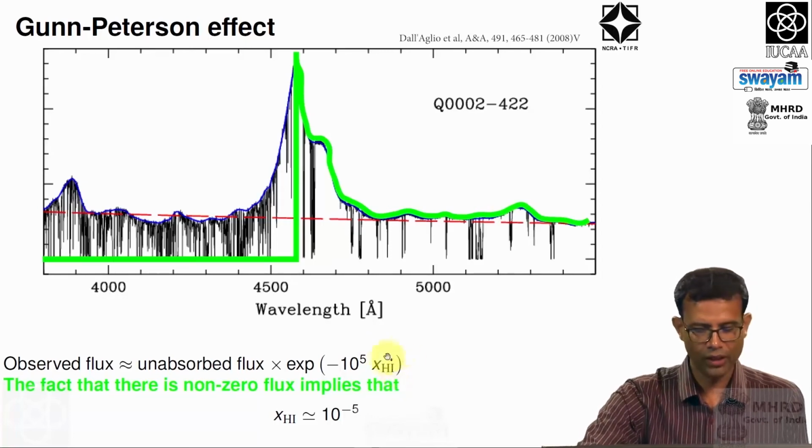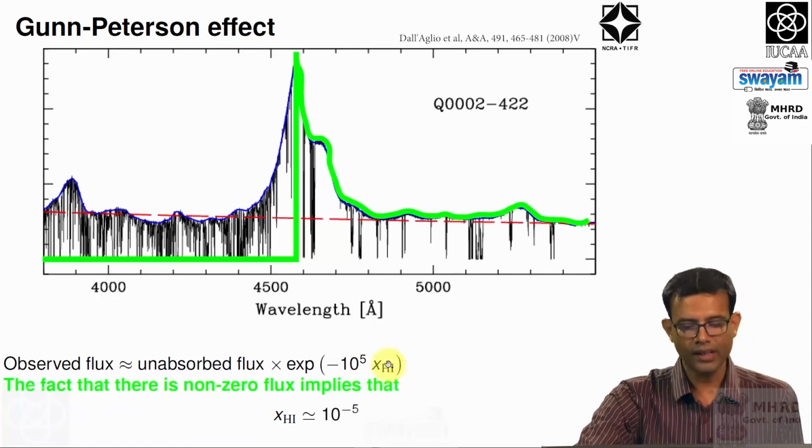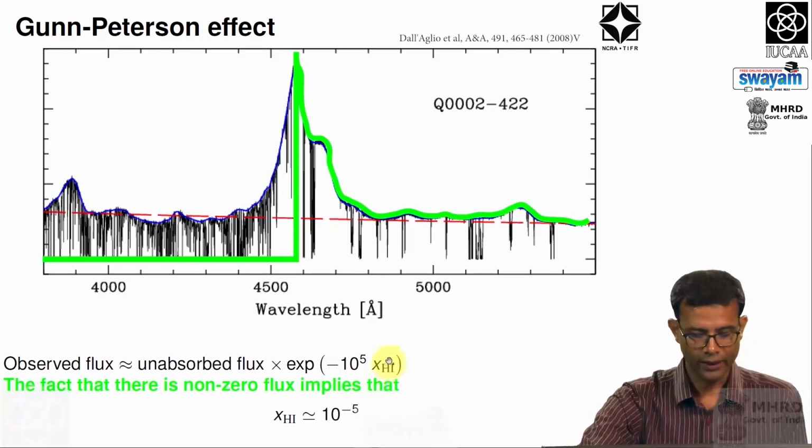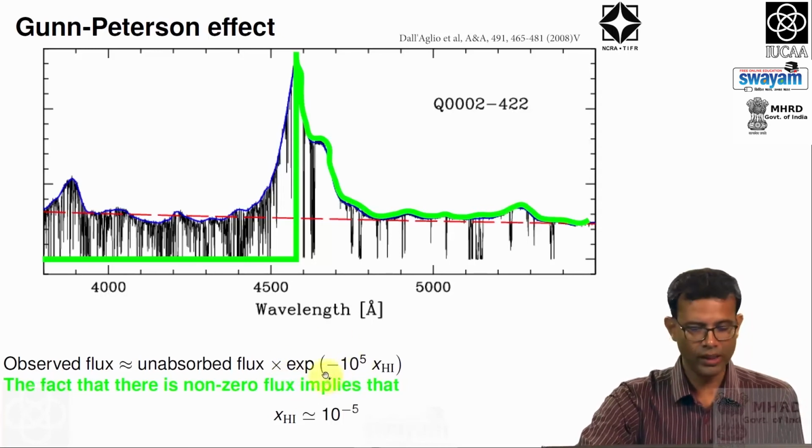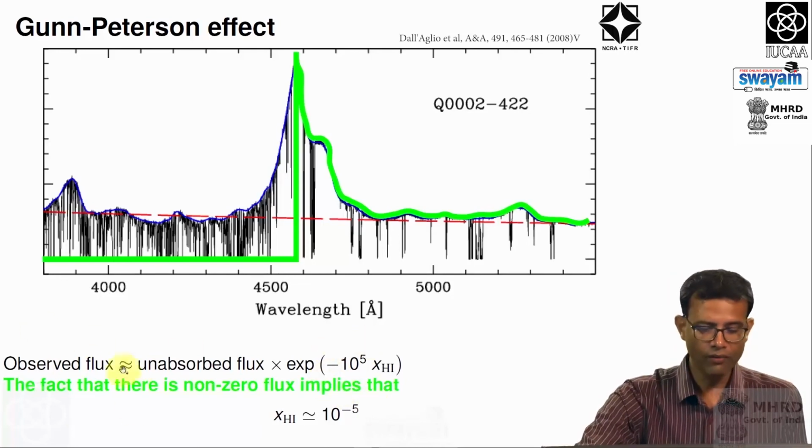Now imagine, if you say everything is neutral, let us say you start with that, then X_HI will be 1. In that case, the observed flux will be attenuated by a factor which is e to the minus a huge factor. Since the exponential is a very strong function of its argument, this will essentially give you a 0.